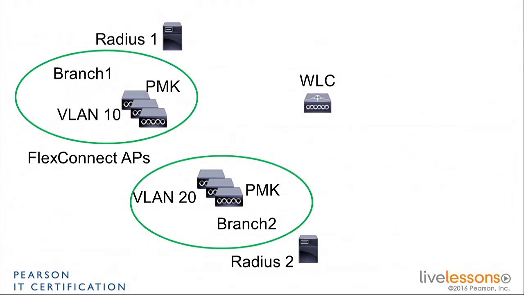The controller may have it already because you're using central authentication, but even if it's local, the AP is going to tell the controller. And then the controller is going to send a copy of that PMK to all the other APs in the same flex group. That has consequences. If your APs are all connected to the controller and you roam between the APs in the same flex group, roaming can be very fast because the key is cached. This is called opportunistic key caching.